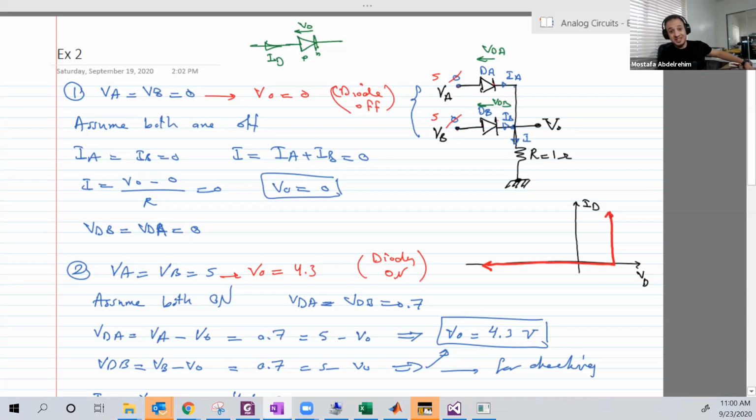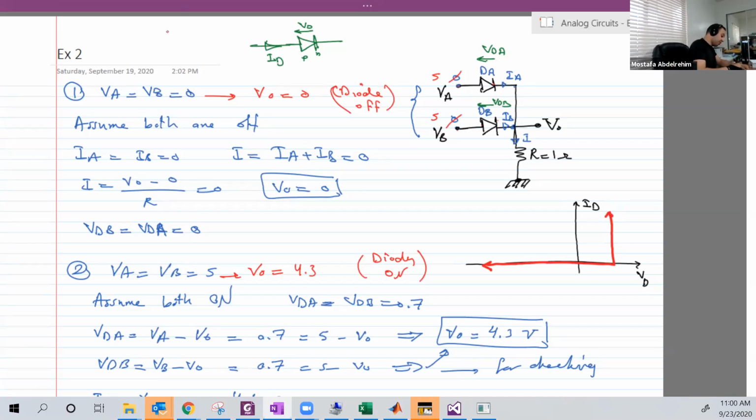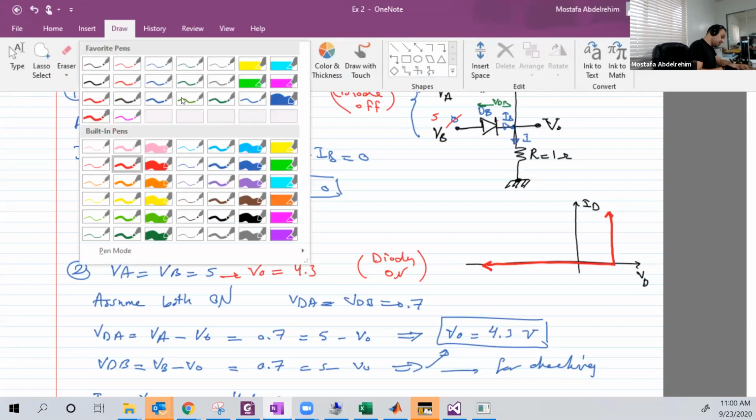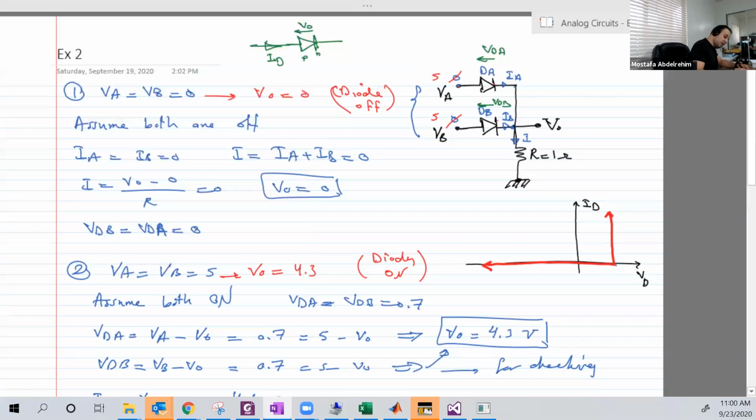The characteristic is like this. If a diode is off, its operating point is lying on that line here. All of that are off.